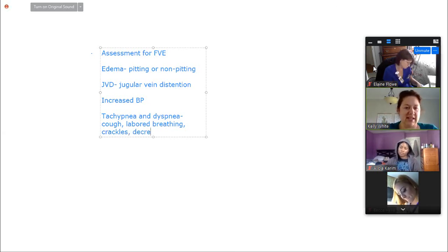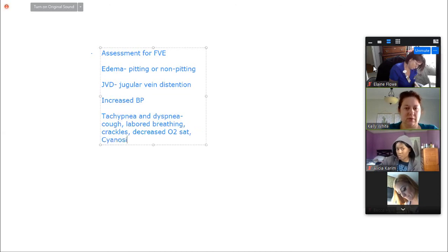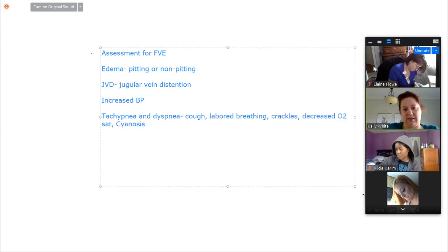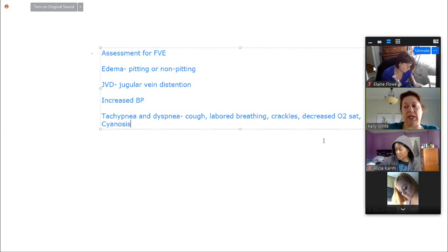You're going to have a decreased O2 sat. And a late sign is going to be cyanosis, or them turning blue. That's a bad thing. That means that you haven't assessed in the early stages well enough, and they've now progressed to having some very serious breathing problems.